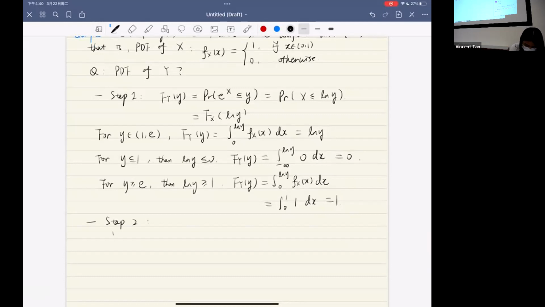For the PDF, we need to discuss different cases of y. For y in this interval, the PDF of y is equal to this differentiation over y, which is one over y.